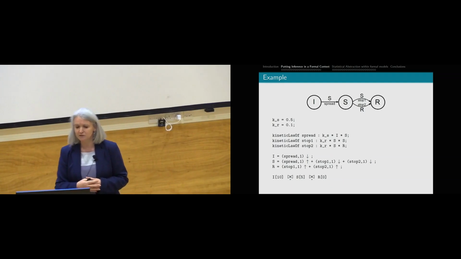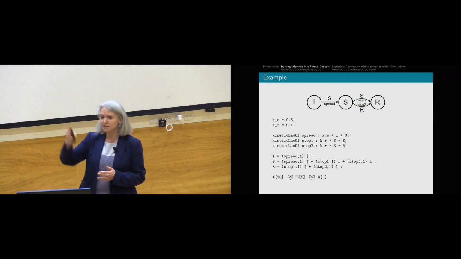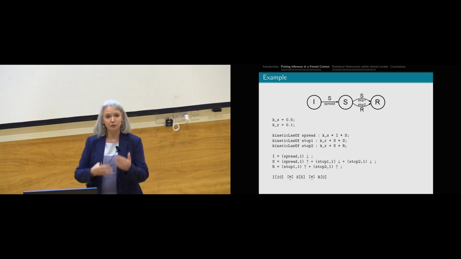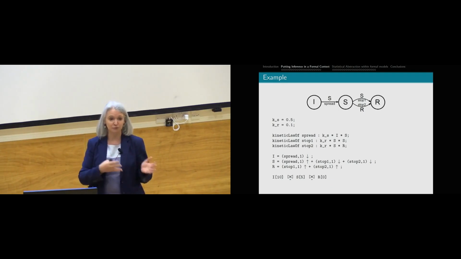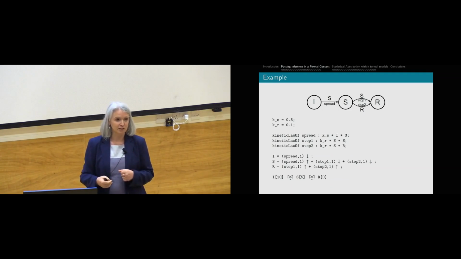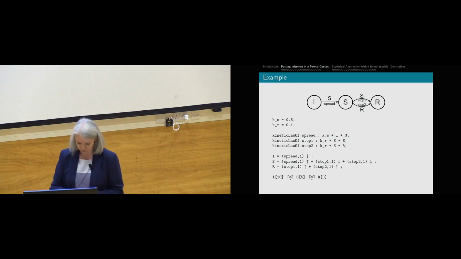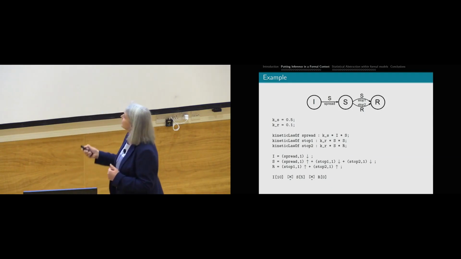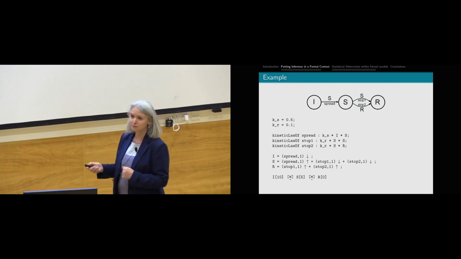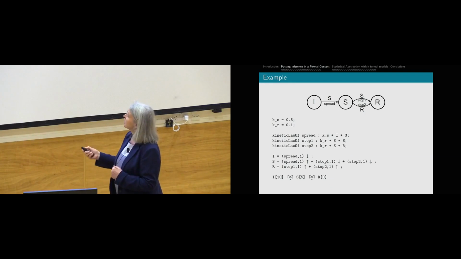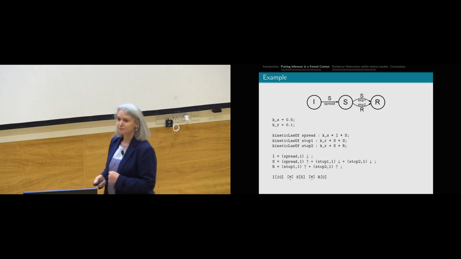Here the repressor rate is quite low, so we would see a big spike in spreaders. If you increase the repressor rate, the repression will happen faster than people get to hear the gossip, and so you'll see a much lower peak in the number of spreaders. Okay, so this is just to give you the basic idea of a concrete model which has dynamics in terms of a continuous time Markov chain and a formal description here.